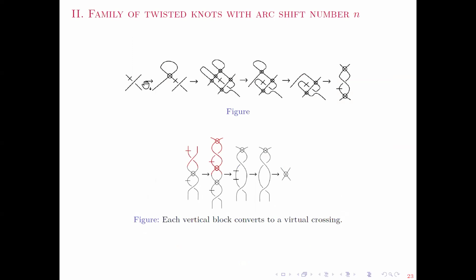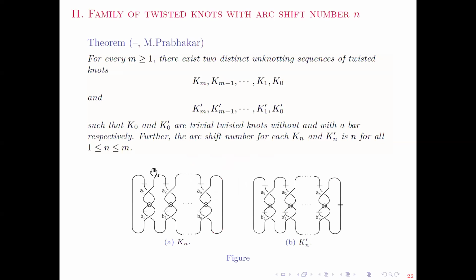First, we have shown this local diagram with one classical crossing and one bar. I first added one virtual crossing because I need two crossings to apply the move. After that, I apply the arc shift move and get this diagram, which is this vertical part that is repeated in the diagram.